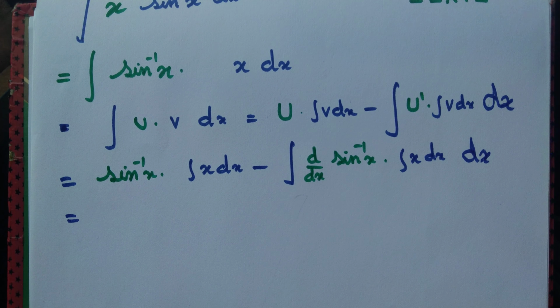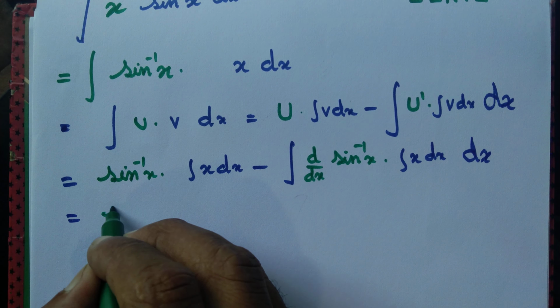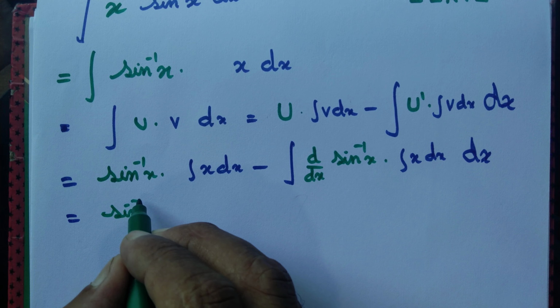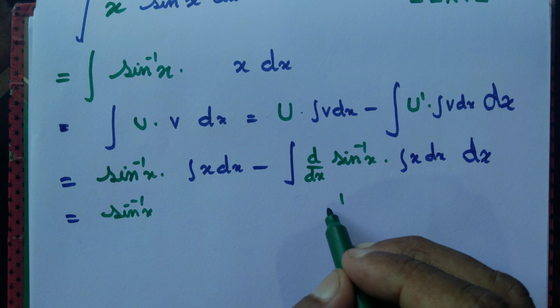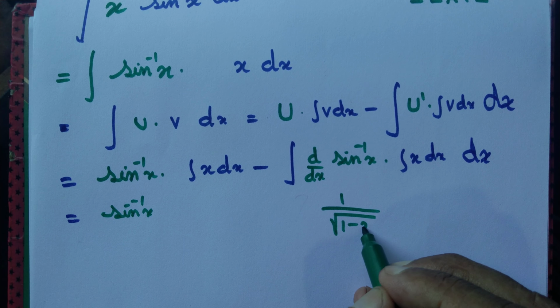Sine inverse of x we can copy as it is, and we know that the derivative of sine inverse of x is 1 by root over 1 minus x square.